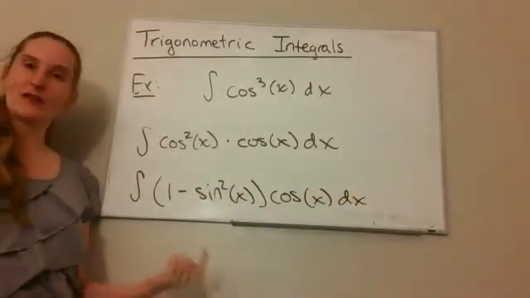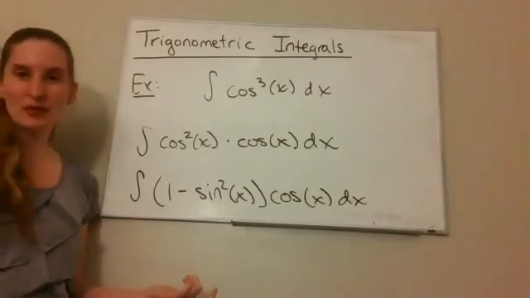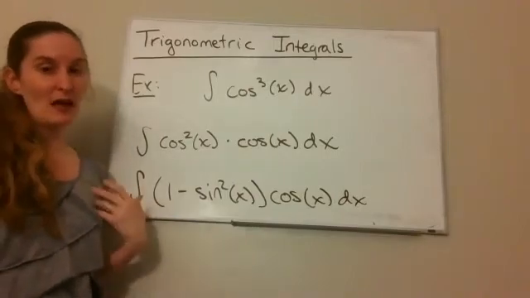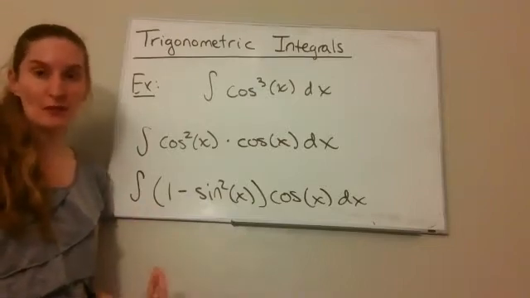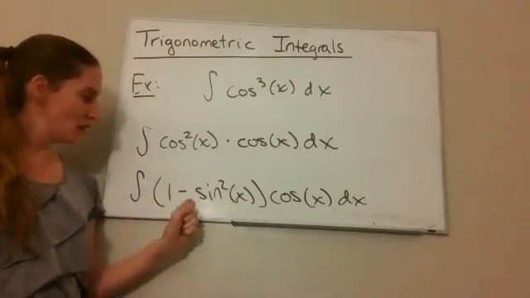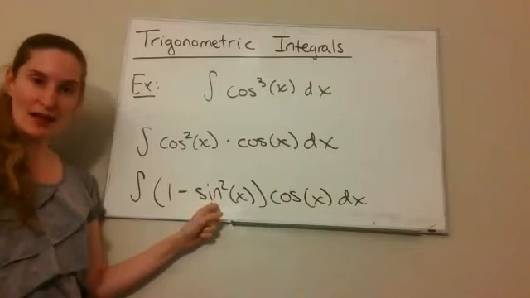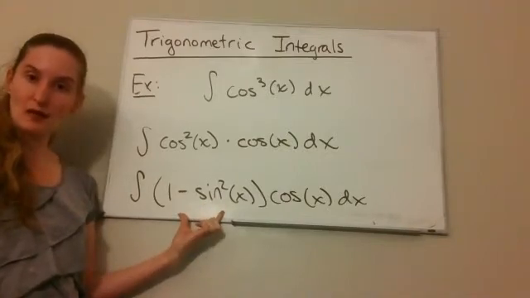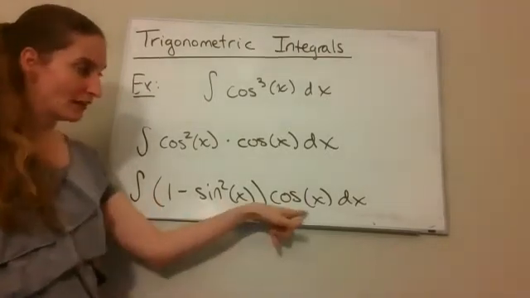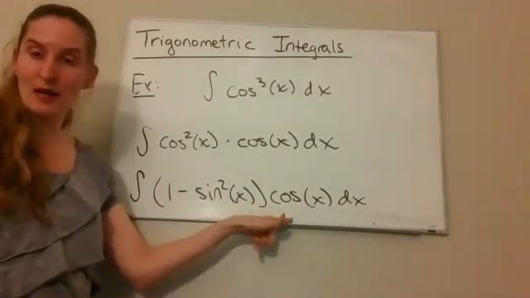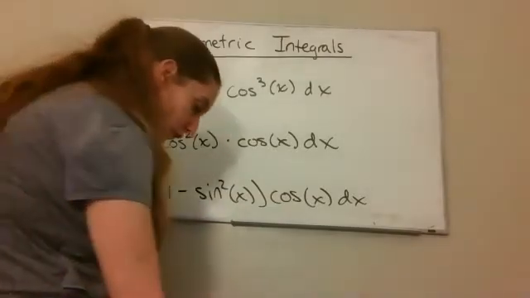And now at first glance, this integral looks more complicated than what we had to begin with, but it's not, because this integral we can do with u substitution. If I let u equal sine of x, I would get a 1 minus u squared here. My du would involve a cosine of x, and I have a cosine in the problem, so it should work out just fine.